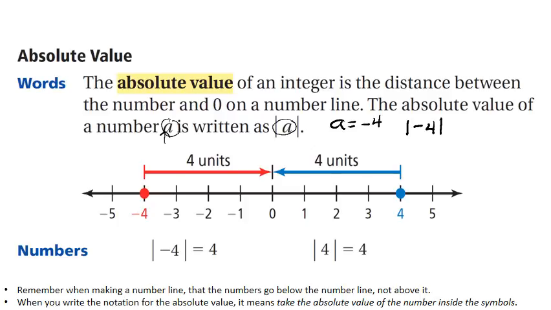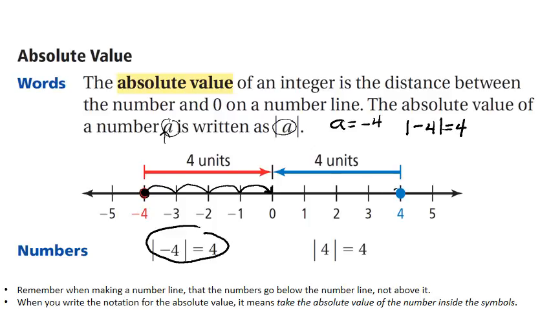We're going to see that this is -4 right here, and we're going to see how far away this -4 is from 0. So we can count over and see 1, 2, 3, 4. Since it's 4 units away from 0, that means it's a distance of 4. So the absolute value of -4 is equal to 4.